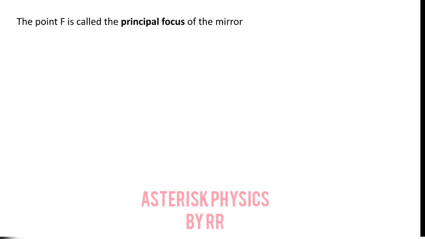The point F is called the principal focus of the mirror, and the distance between the focal point and the pole is taken to be the focal length of the mirror.